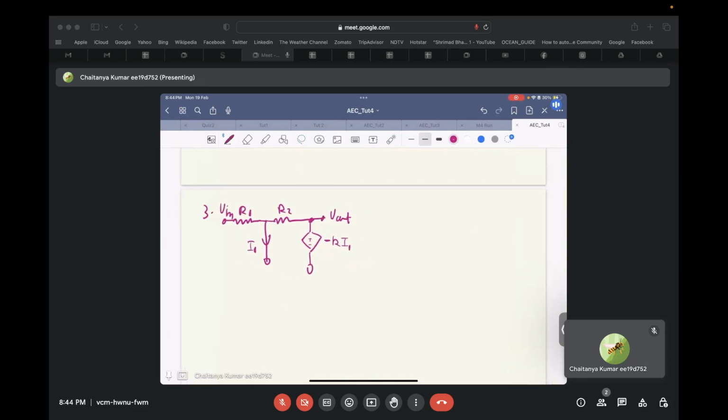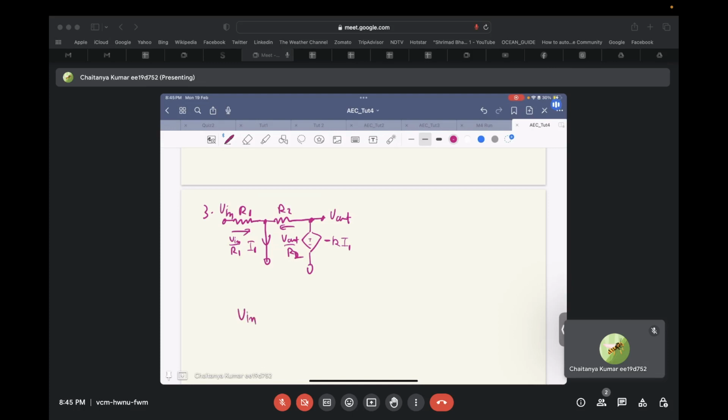So again, we will try to find out the V out by V in. If we calculate it over here, the current that will be flowing from here will be V in by R1, and the current that will be flowing in this direction will be V out by R2.